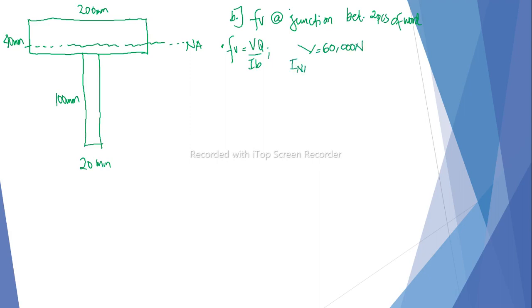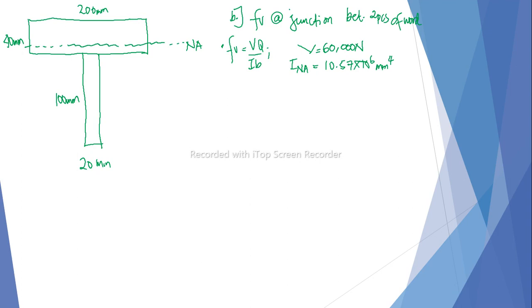Our I, with respect to the neutral axis, as usual, is 10.57 times 10 to the 6 millimeters to the fourth. What else? So that is B.